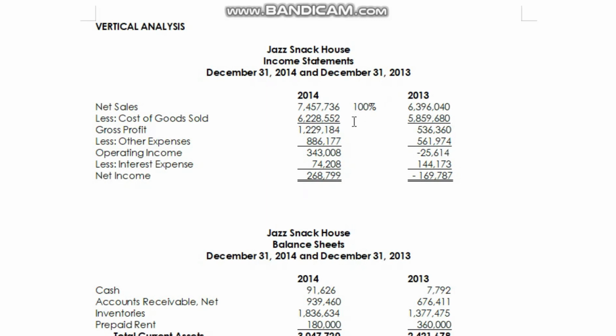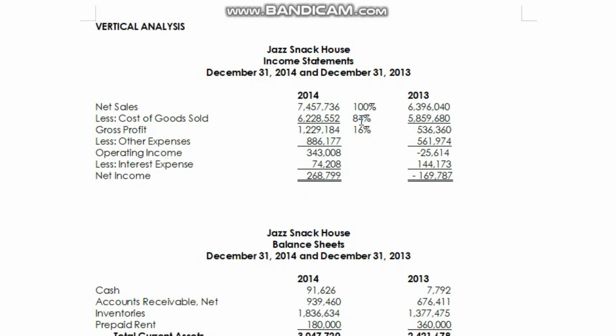We're going to have 2 digits, so it's going to be 84%, like this. And then for gross profit, 1,229,184 divided by your net sales, 7,457,736, and then you will have 0.1648. So that's going to be 16%.